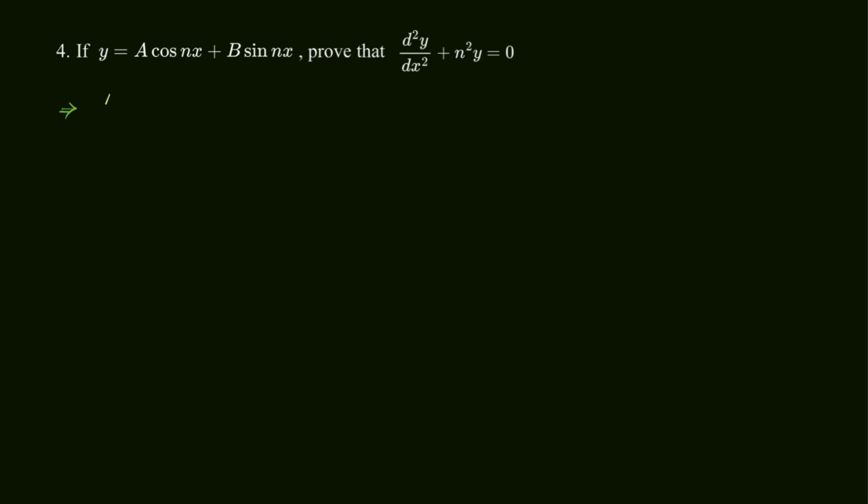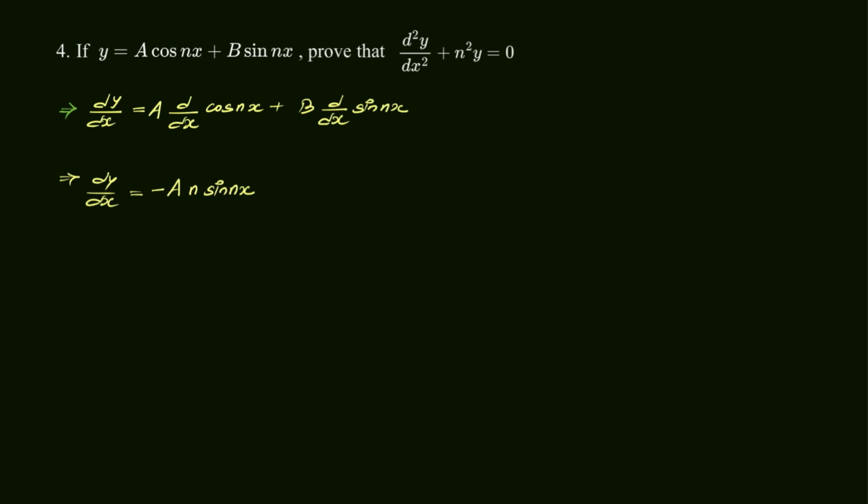Then we will have d/dx of y equals d/dx of, see a is constant, so it will be a times d/dx of cos nx plus b is constant, d/dx of sin nx. So this implies dy over dx equals a times, see d/dx of cos nx is minus n sin nx.